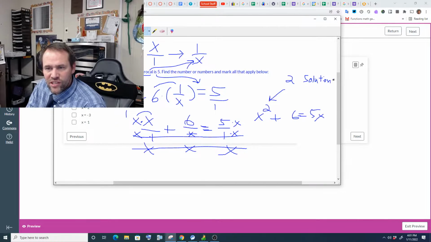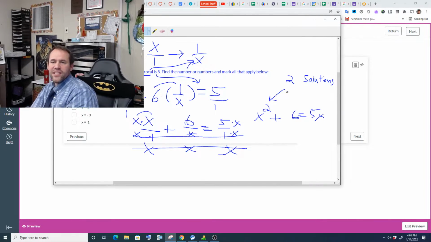But 2 solutions. And so how we get the 2 solutions is we want to get everything on the same side. Sorry, I'm using my mouse, okay? So we're going to go ahead and get everything on the same side.